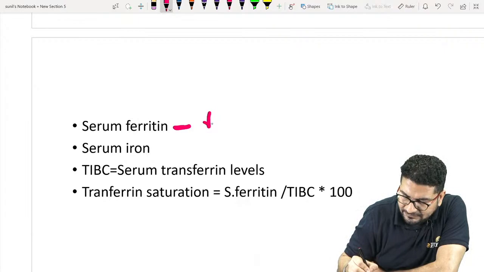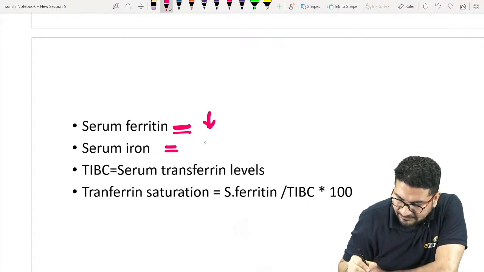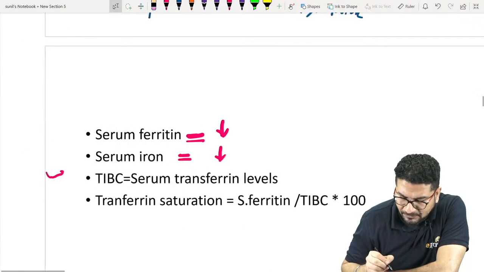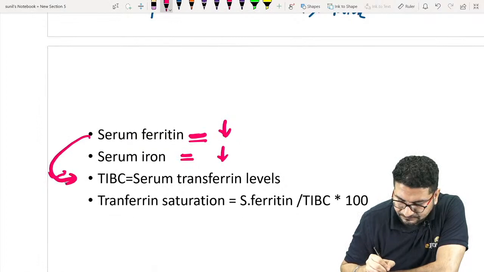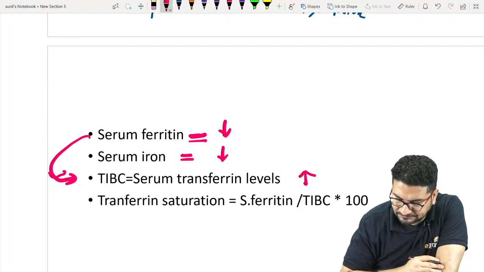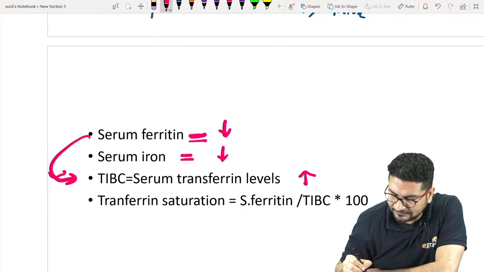Serum ferritin will decrease. Okay, serum iron, increase or decrease? Serum iron will decrease. TIBC: I told you ferritin is inversely proportional to TIBC. So TIBC will increase, right? And transferrin saturation will also decrease.